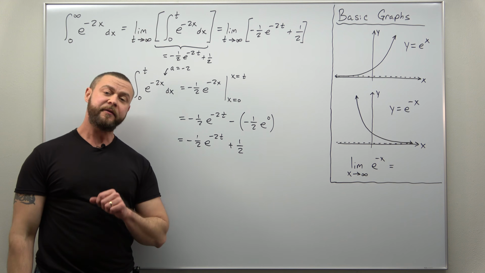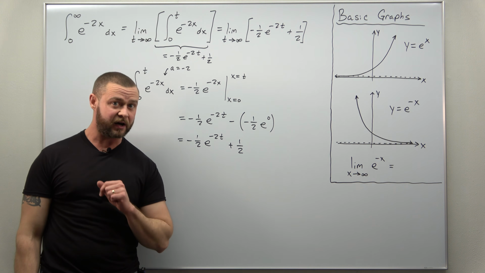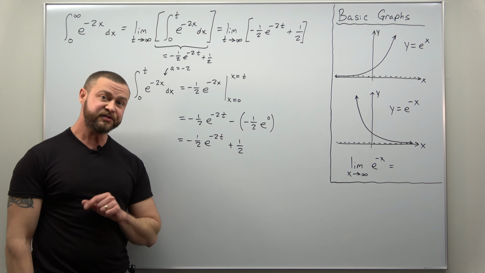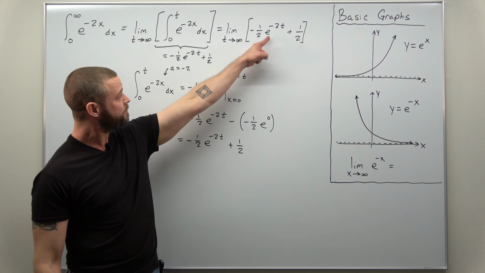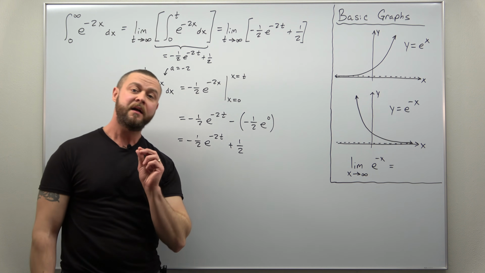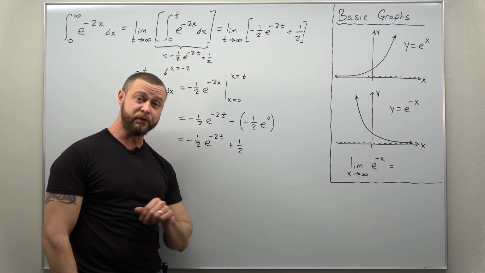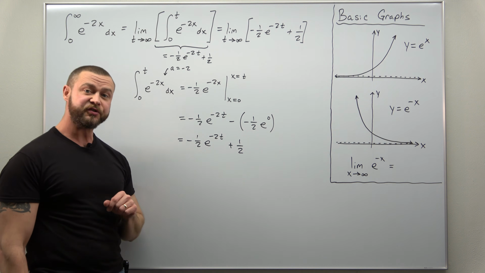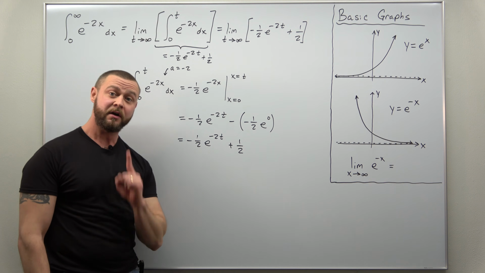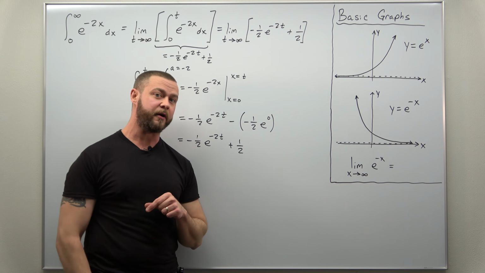Now at this point, with limits, there are a lot of tools that you want to keep in mind. Definitely the best one is L'Hopital's rule, but for this limit, this term, e to the negative 2t, does not give us an indeterminate form. We don't need to use L'Hopital's rule here. We can just rely on some basic facts of some basic graphs that you probably already know.